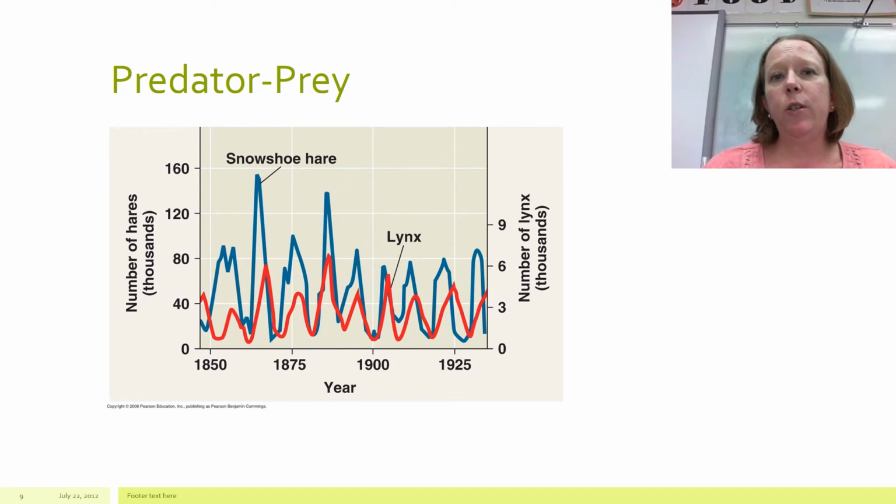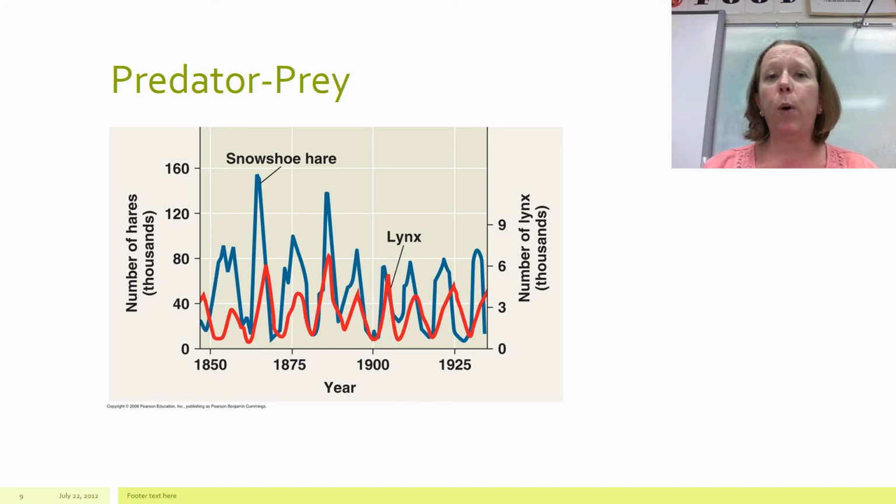Now, some populations won't show a nice, pretty S-shaped curve, but will instead show a pretty constant fluctuation in their population size. And we see this in particular with predator-prey relationships, especially if they're very closely tied.